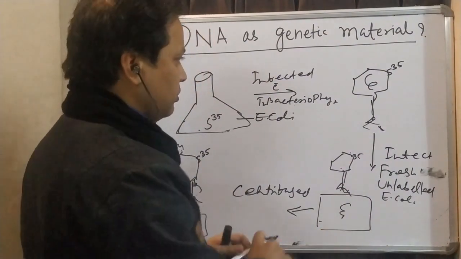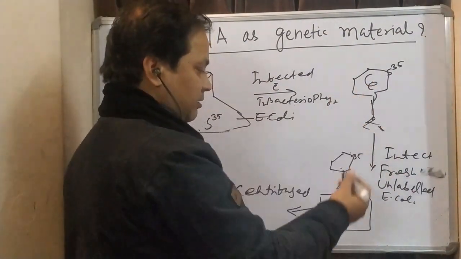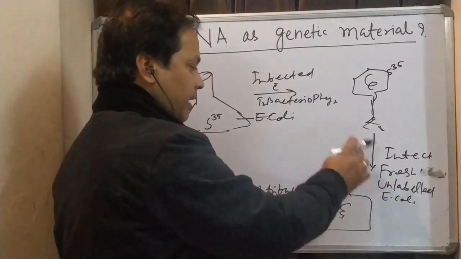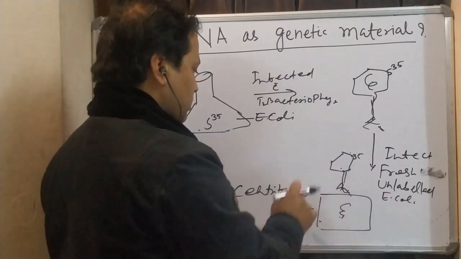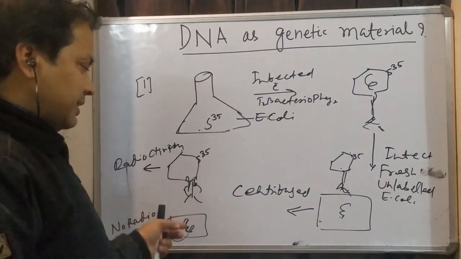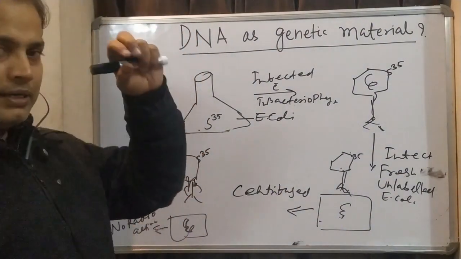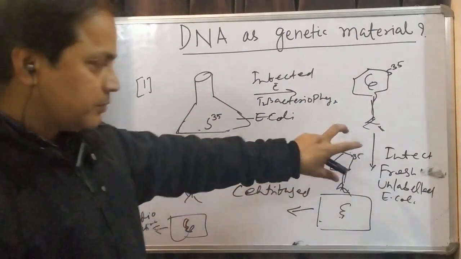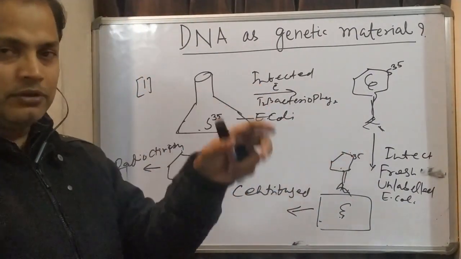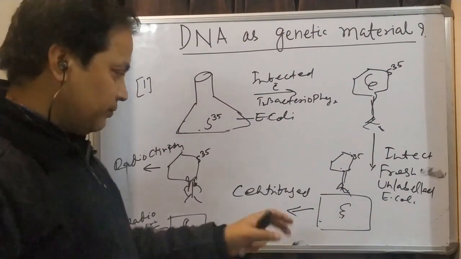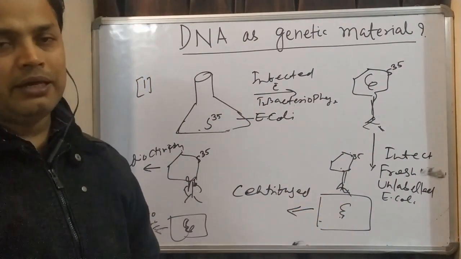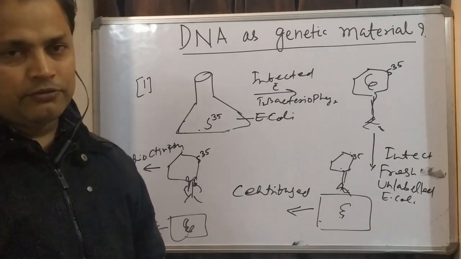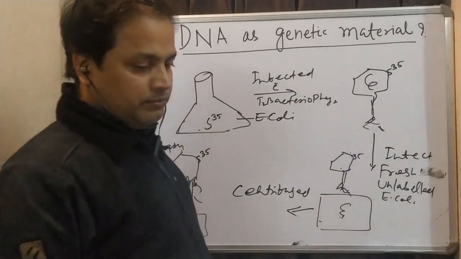So this unlabeled DNA will go to the E. coli, and the capsid will remain outside. So they have segregated both the things. When it was scanned for radioactivity, only the bacteriophage head portions, the capsid portions, gave the radioactive imaging. The other portion where bacteria was there didn't show any kind of radioactive labeling.